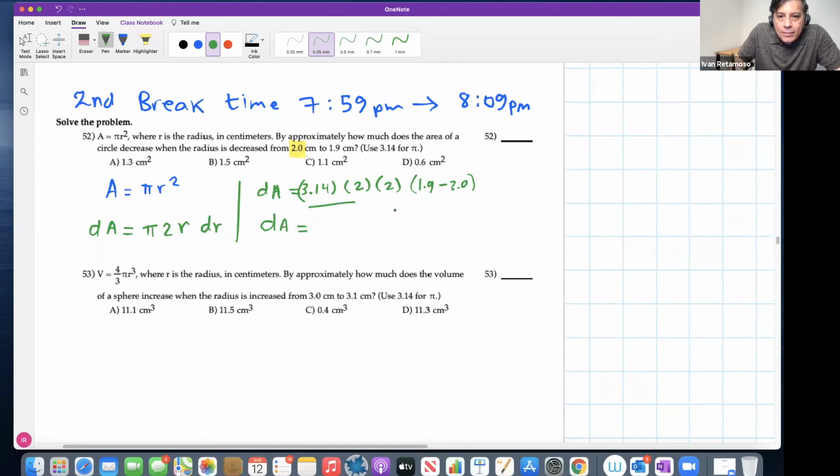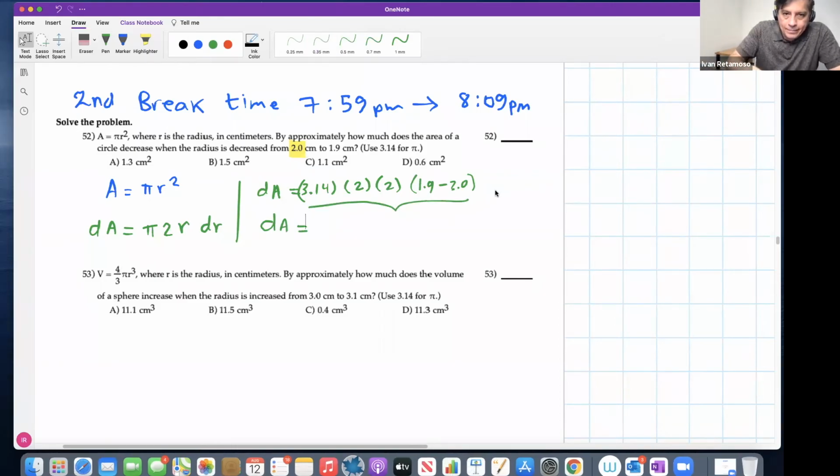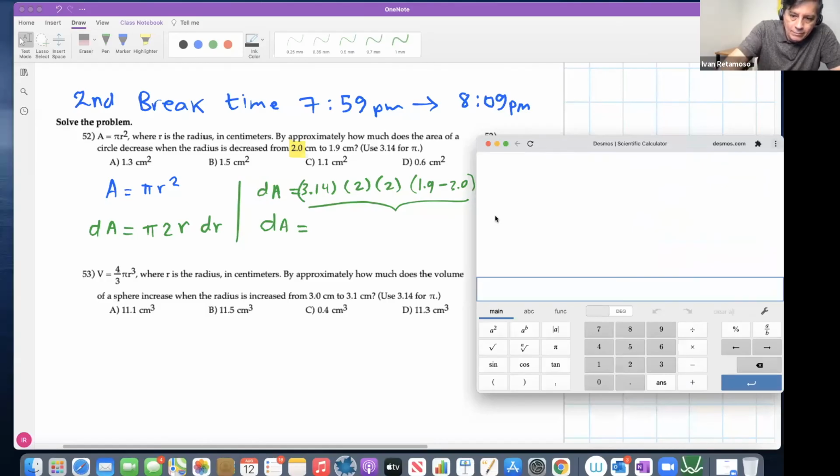Now compute this in your calculator. So 3.14 times 2 times 2 times 1.9 minus 2.0.